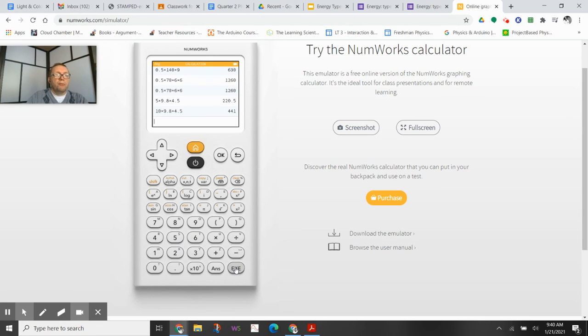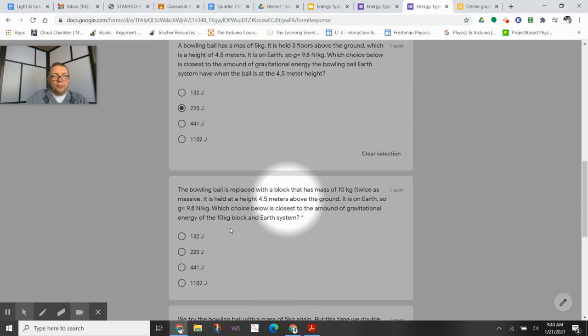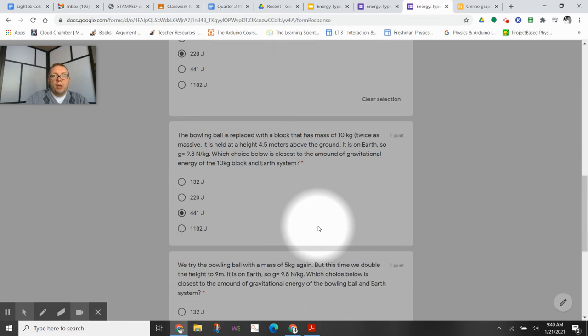So then we're at 441 joules of energy. 220 to 441, that's about double, right? And this was really 220.5. So we're right there. So we doubled the mass, we doubled the gravitational energy.